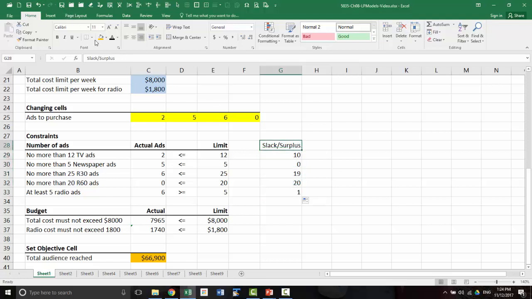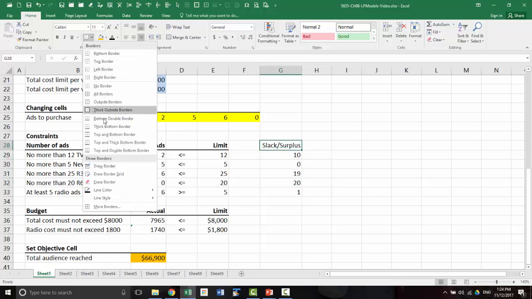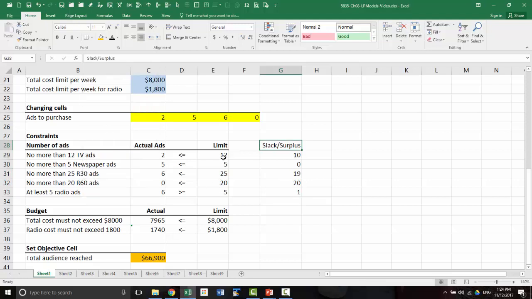So you have a limit of 12 spots for the TV ad, and we are running only 2. So here, therefore, this constraint is not binding. So binding or not binding, so this is non-binding.